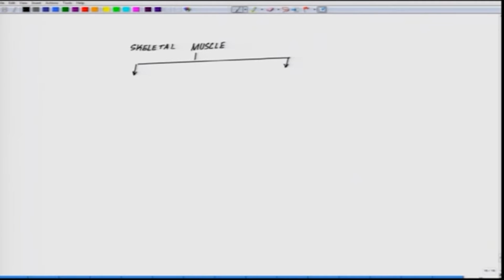Skeletal muscle differentiated into two populations. One will be called extrafusal, the other one is called intrafusal. Okay. So, the extrafusal forms the larger chunk of it.